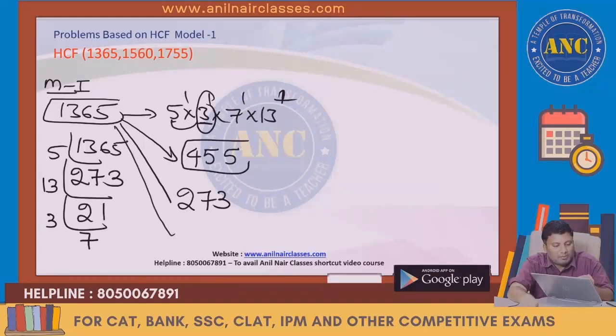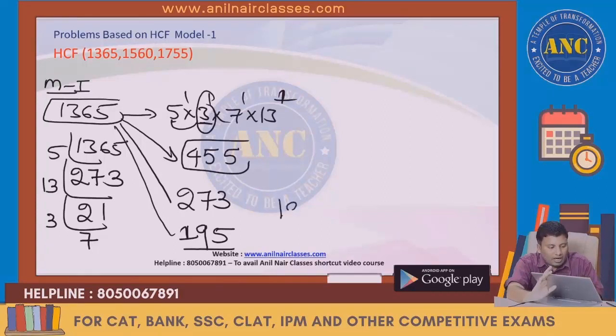What is the next number? 7. If you divide 1365 by 7, you get 195. Is 195 dividing all these numbers?